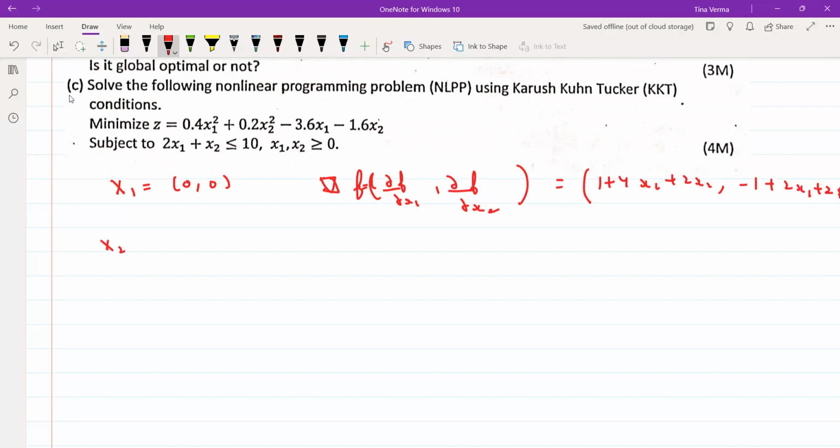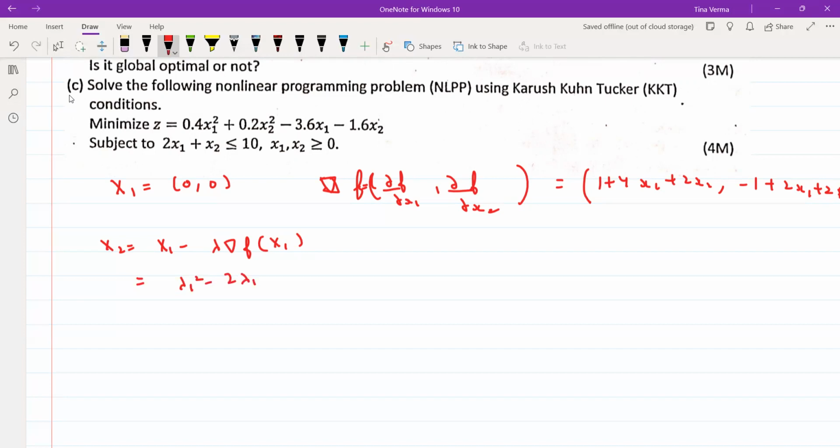So whenever you have to find the next iteration, x2, what was that? x1 minus lambda times del f at x1, right? So when you found this, it was coming out to be lambda 1 square minus 2 lambda 1.